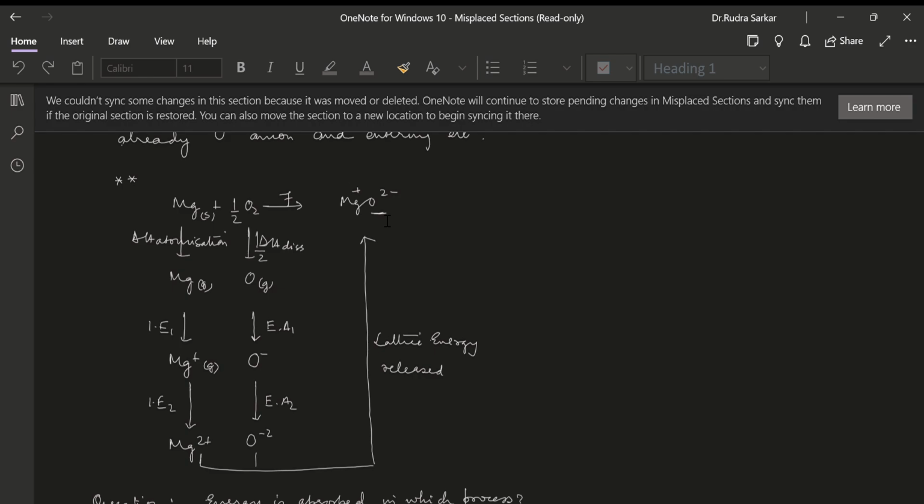And when it happens more and more, then whatever raindrops you're getting, those are forming acid rain. So that's how the nitrogen from the air enters as a nitrite or a nitrate inside the soil.